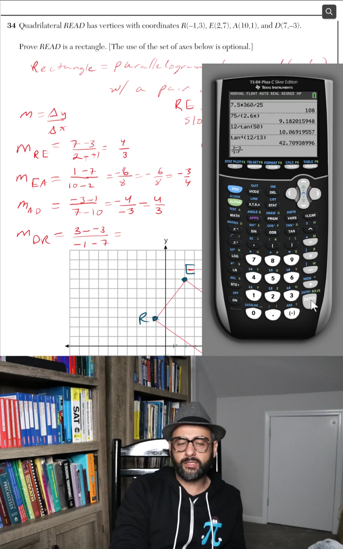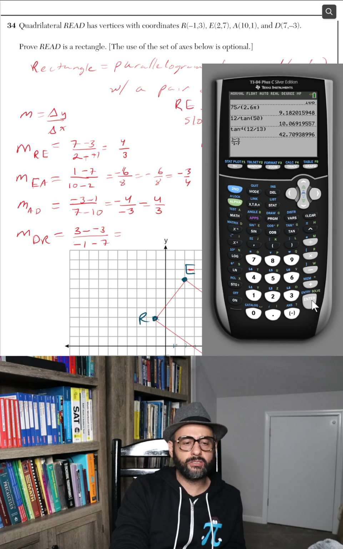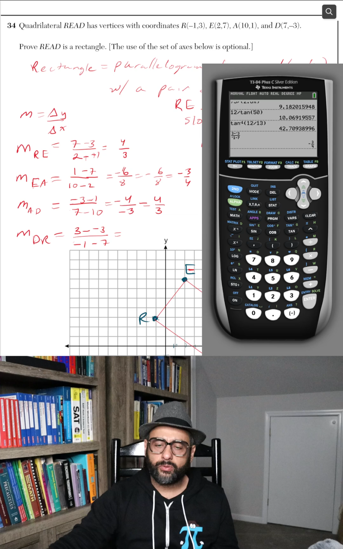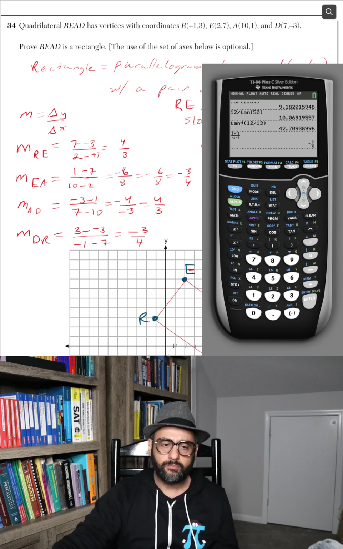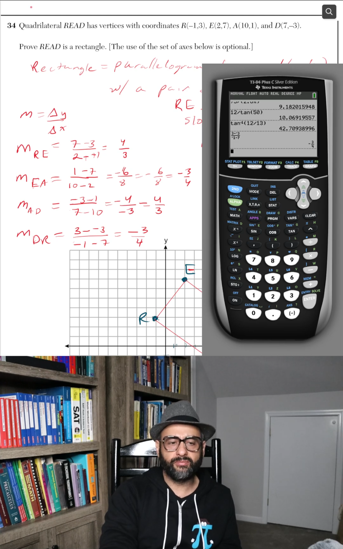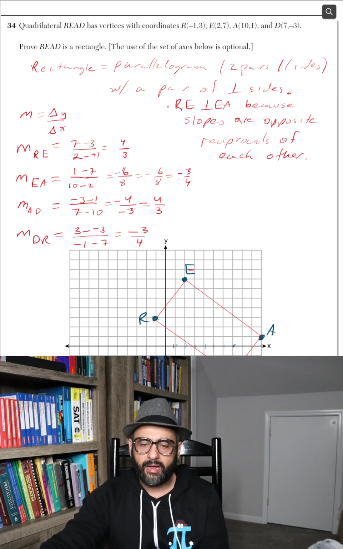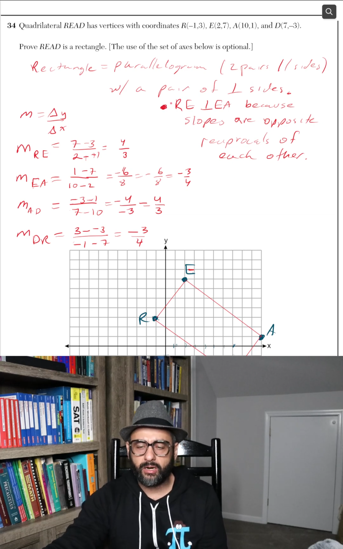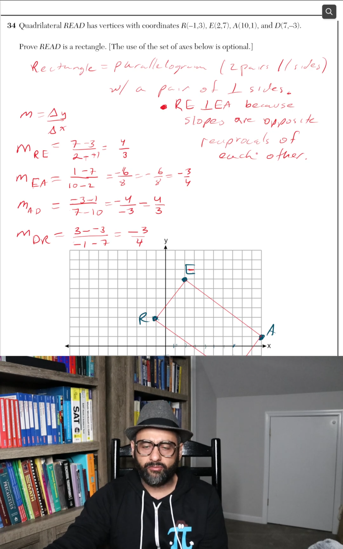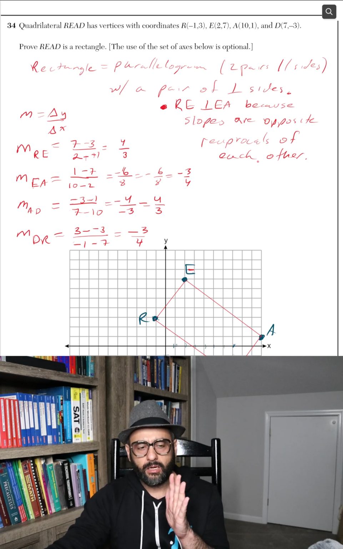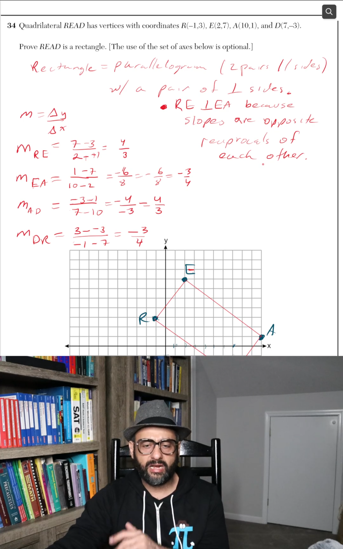It's going to give this answer as a simplified fraction, and I get -3/4. Simplified fraction. It's nice. So I have that it already has a pair of perpendicular sides because they have opposite reciprocal slopes.